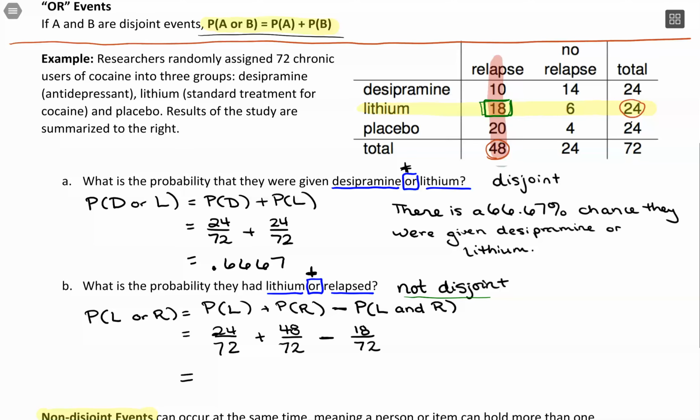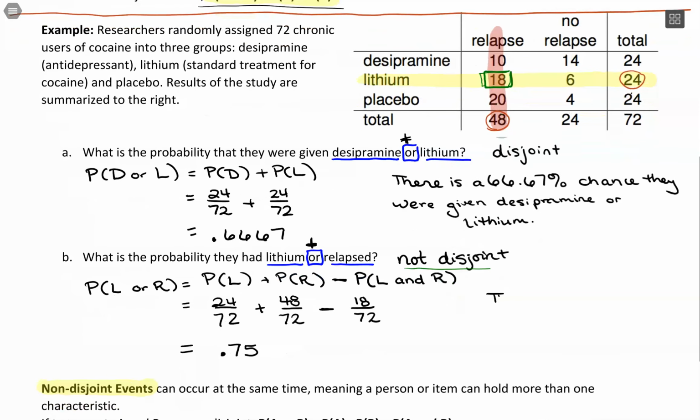This is our complete formula that will get us exactly what we want to calculate. So if we plug all that into the calculator, it should end up being a 0.75, which is much more accurate. So we would just say there's a 75% chance they had lithium or relapsed.